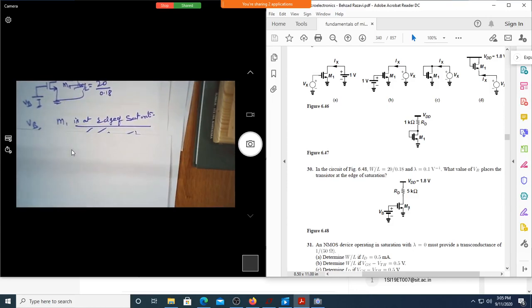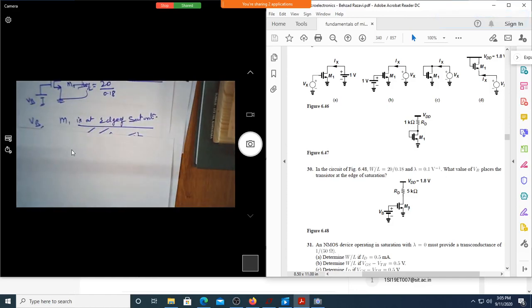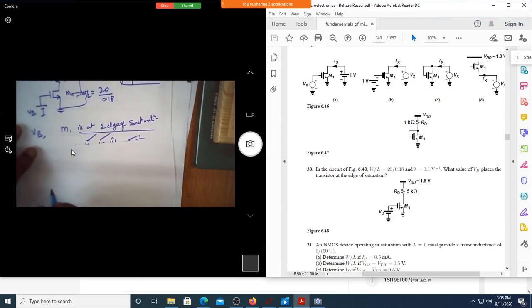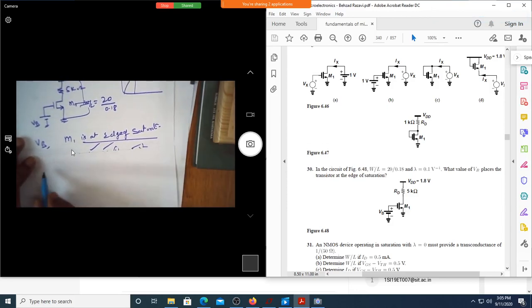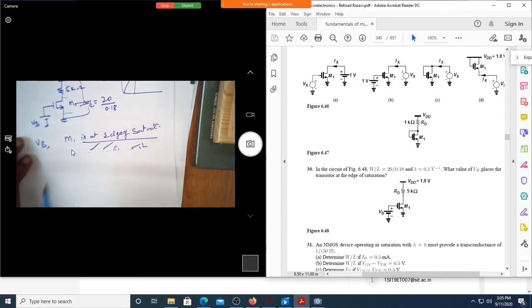Okay, let me start writing. Harini? Sir, it is VDS sat. Okay, VDS sat is the voltage across this to keep it in saturation. Then what is VDS sat actually?